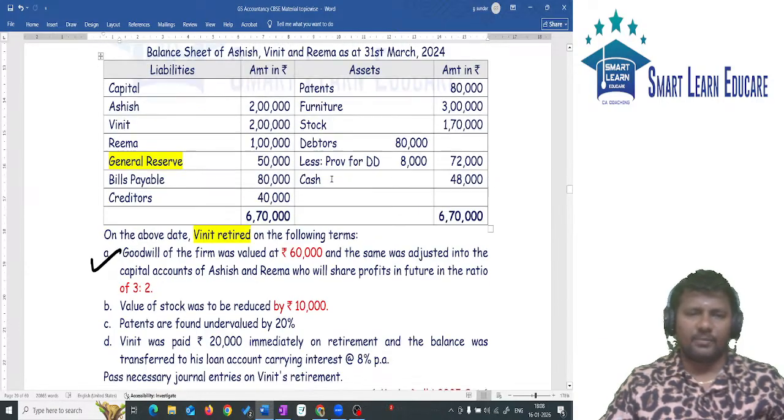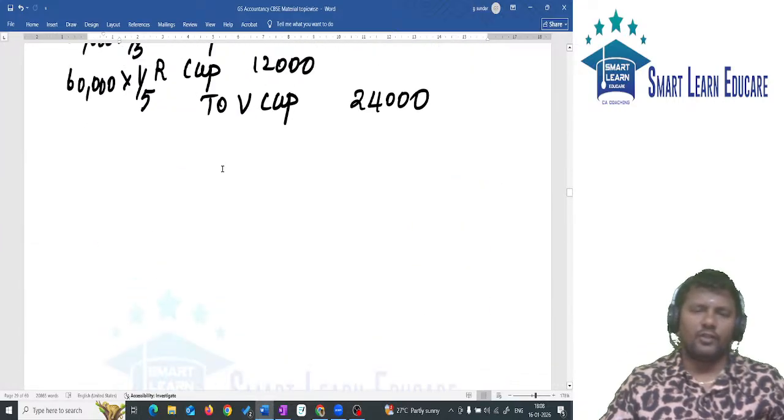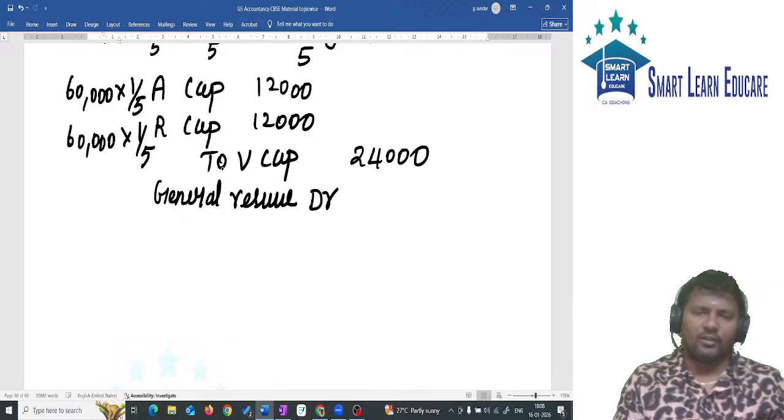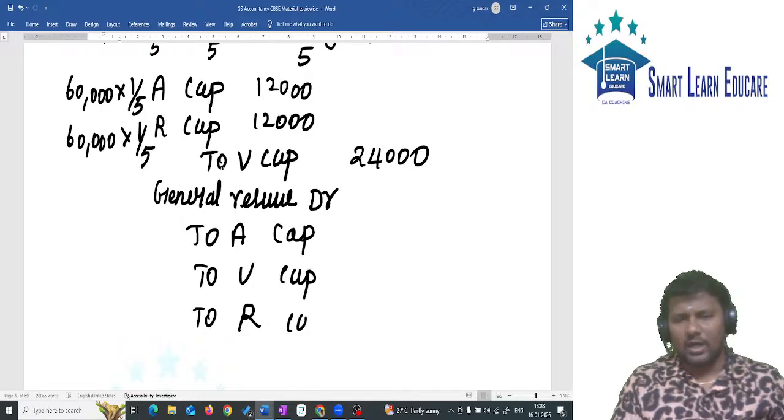Now third step, reserve. We have a reserve of 50,000. That reserve should be transferred to old partners. What is the entry for transferring reserve? General reserve account debit to old partners. Who are the old partners? A, V, R. To A's capital, to V's capital, also to R's capital.